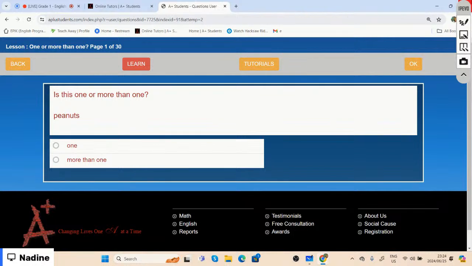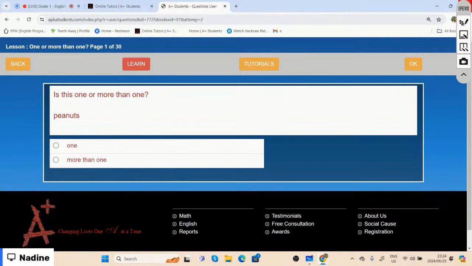If we say, okay, here is one peanut, but more than one peanuts. So peanuts, is it one or more than one?